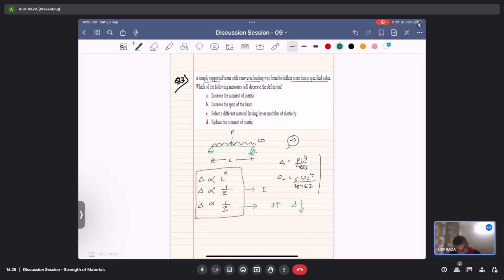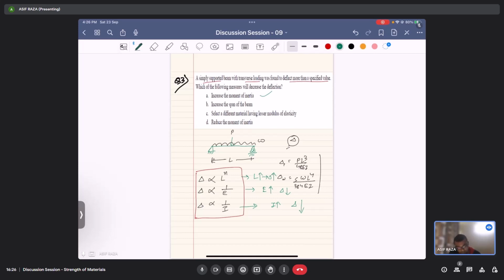If we increase the elasticity, our deflection would decrease. Now if we increase the span of the beam, then deflection would increase, right? So yeah, increasing the moment of inertia is what is required.